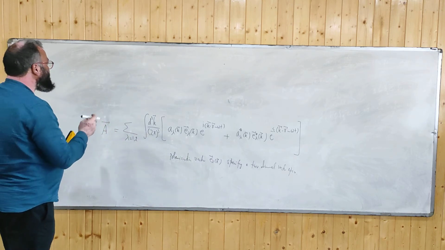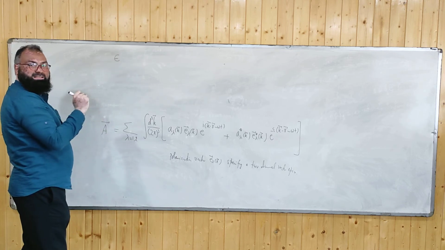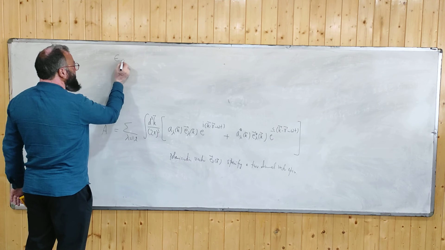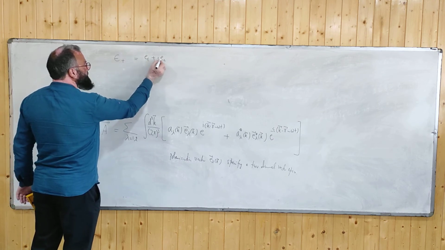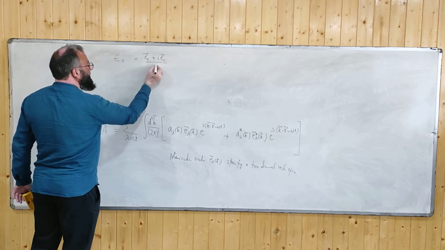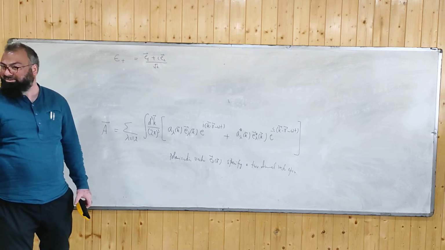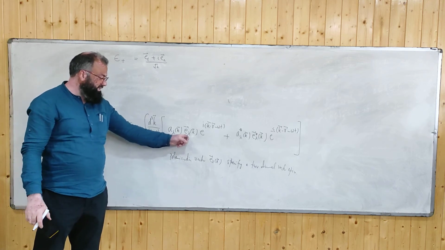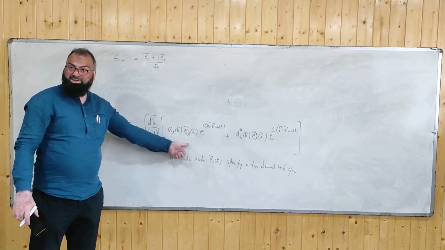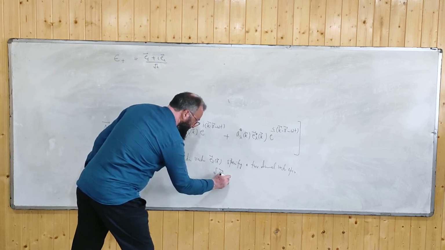It's very simple. Let me define another polarization state, epsilon. Let's define epsilon plus as E1 plus i E2 by root 2. E1 is one linear polarization and E2 is another vector. Lambda goes from 1 to 2, so you have this vector space, E1 and E2.